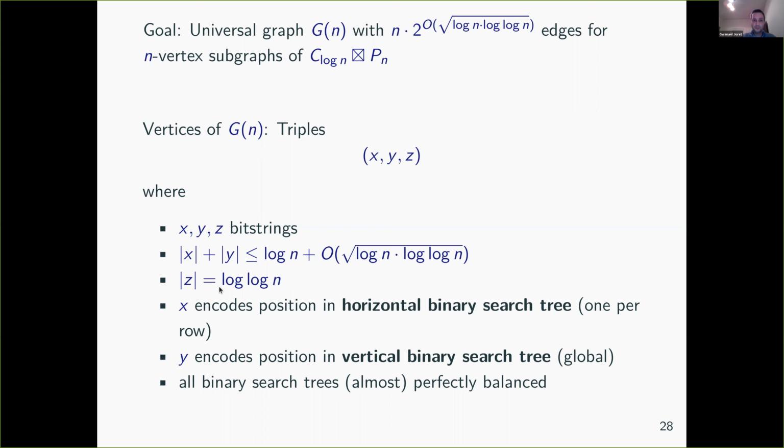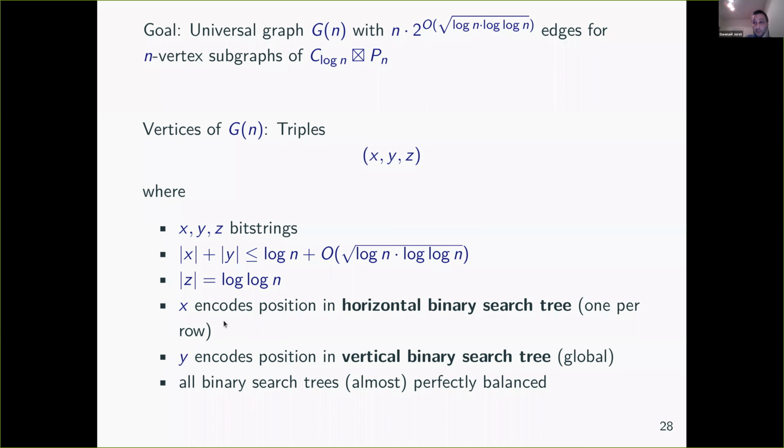So if you manage this, then you can see that at least the number of vertices in your universal graph is at most this near linear upper bound. So I didn't tell you at all how we put the edges, but at least in terms of number of vertices, we are good.